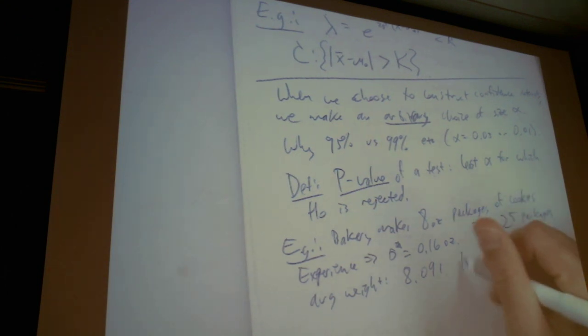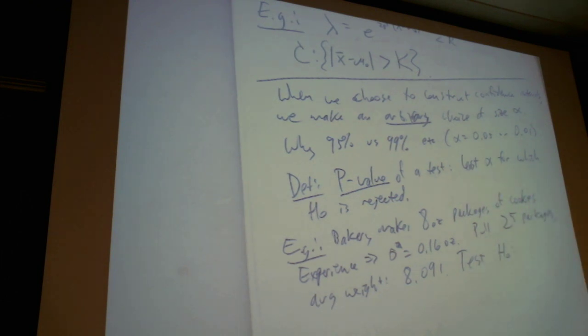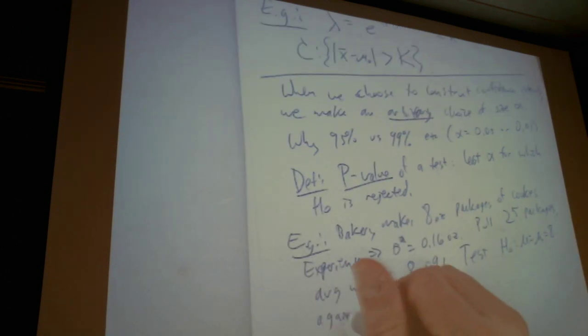So let's test H0. H0 is that mu equals mu0, which is 8, against, well, what should our alternative H1 be?